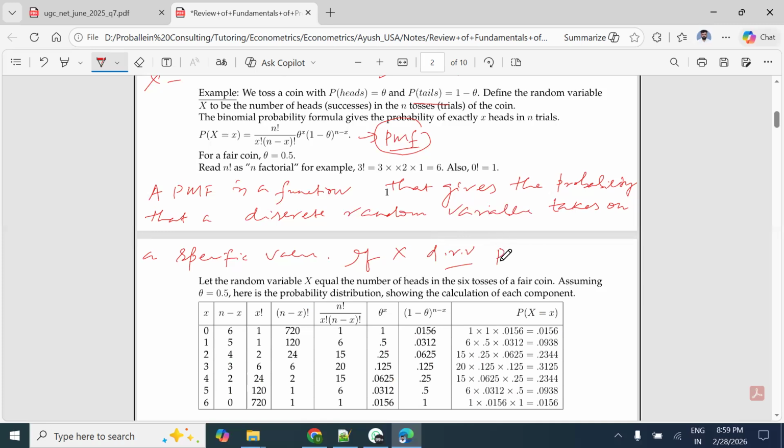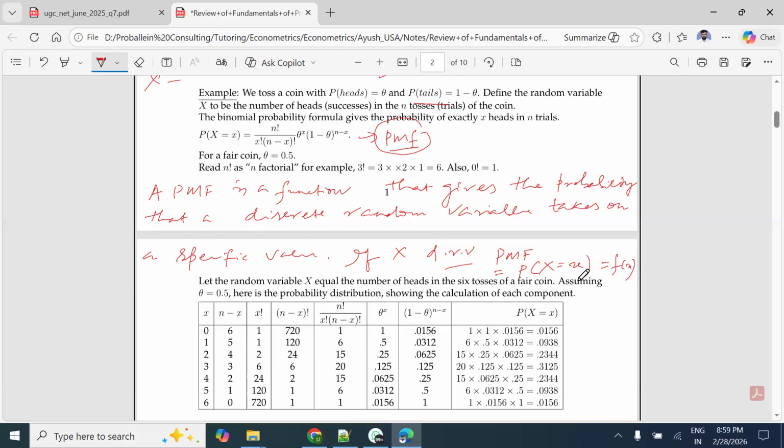Its PMF will be the probability of X taking the value of small x, which is equal to f of x. So it is giving you the idea of what is the probability that X equals exactly small x.